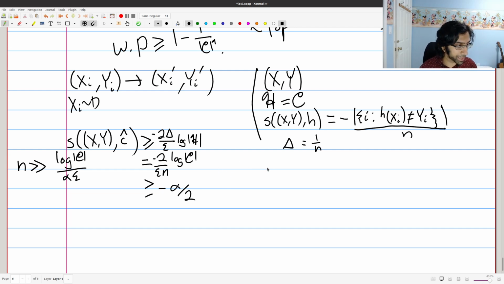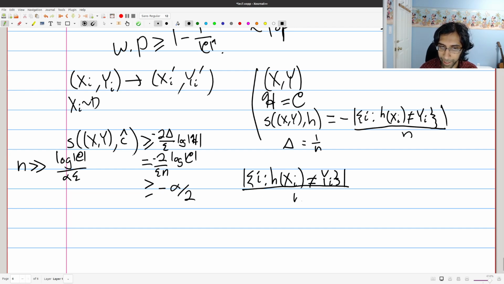So what does that mean? That means the score function is this, so that implies that the empirical fraction of things it gets wrong, h on xi does not equal yi, over n, is less than or equal to alpha over 2.